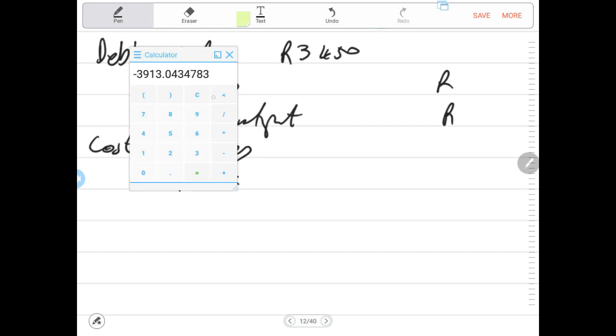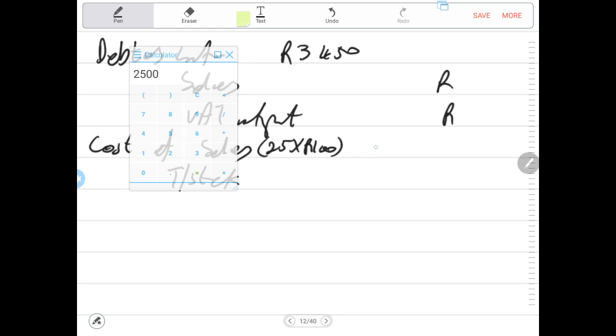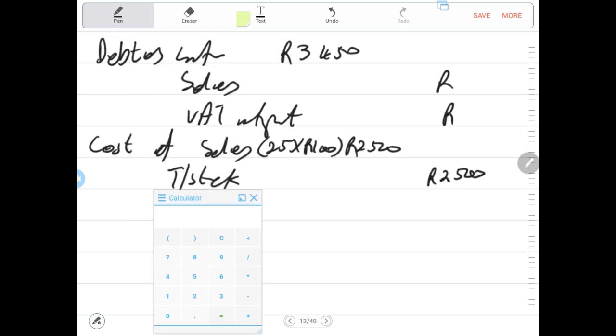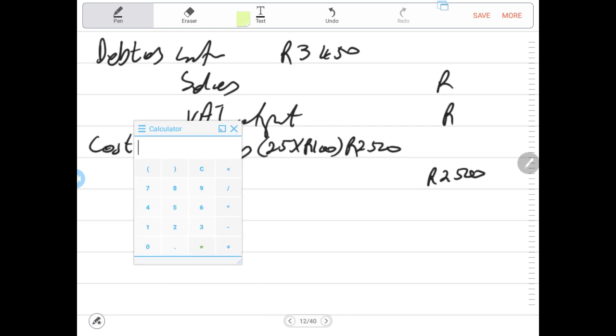Now we sold 25 bags. The cost of a bag is 100 rand. So that means it will be 2,500, in terms of 25 times 100. Then we know the cost price, 2,500, plus 20% markup.